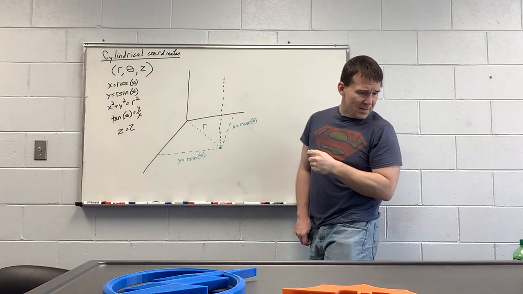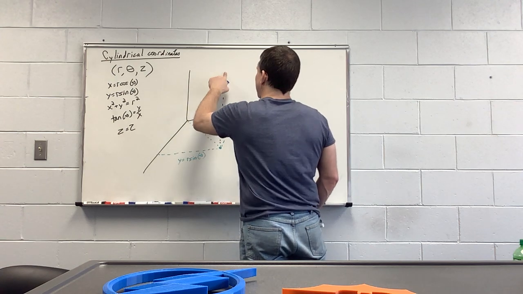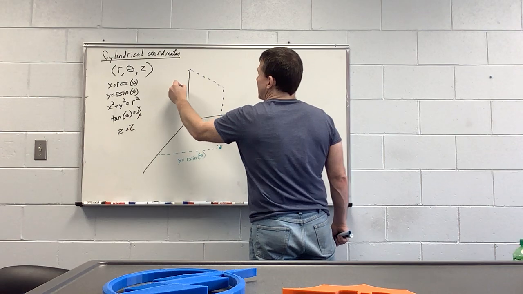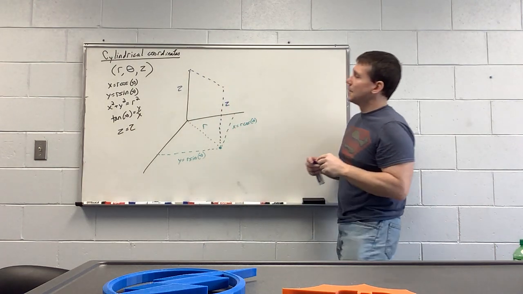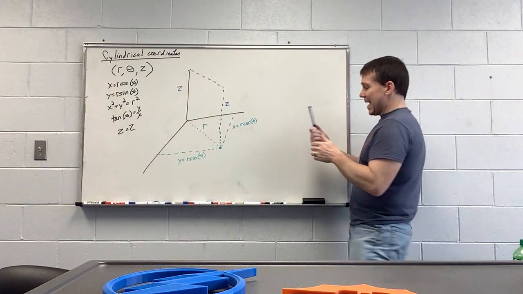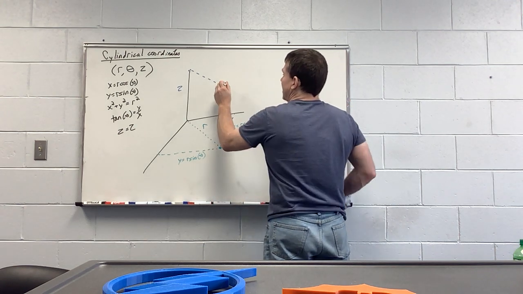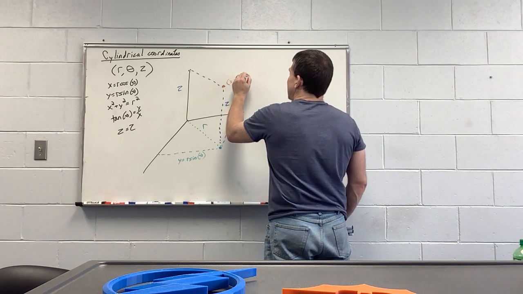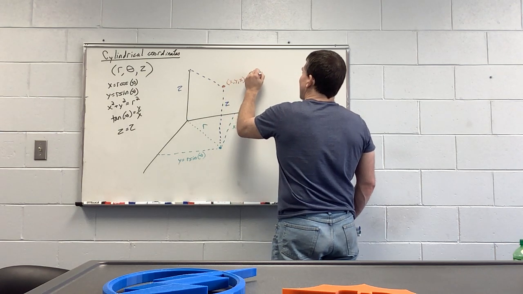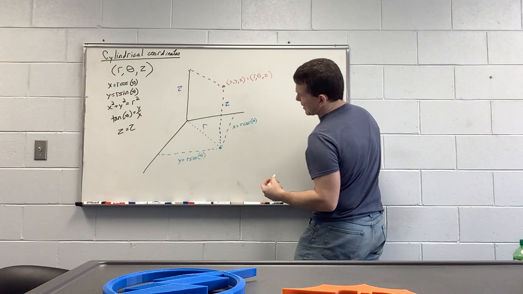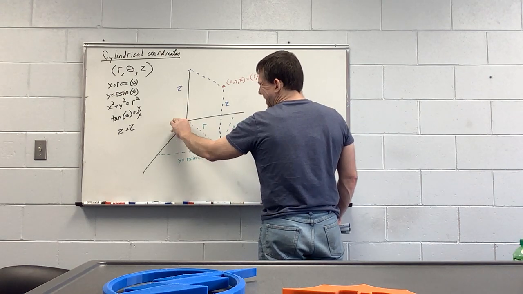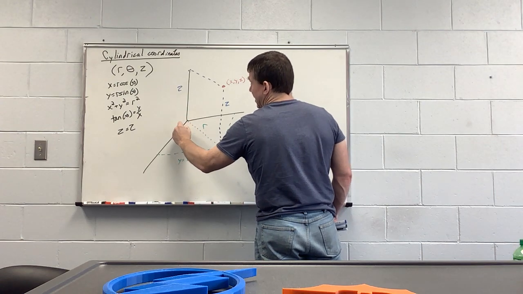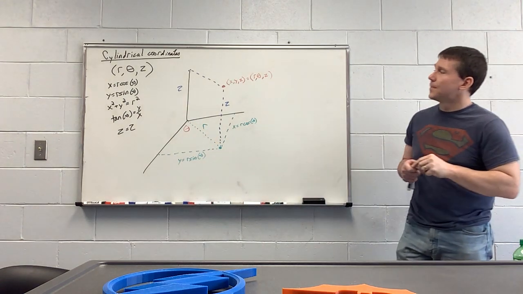And if I draw it at the same rough angle, there we go. This is my height z right here. And this point is my point in space, which I can call x y z, or r theta z. And if we need an angle, the theta angle is always measured from the x-axis. So there's my theta right there.